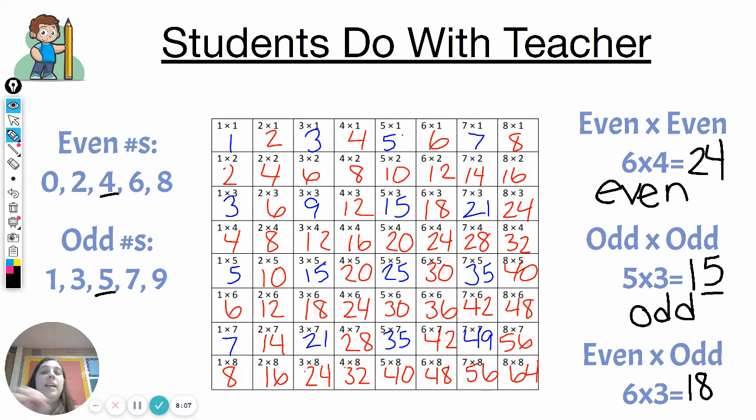On your whiteboards, write if 18 is even or odd. 18 ends in an 8, so it is even.